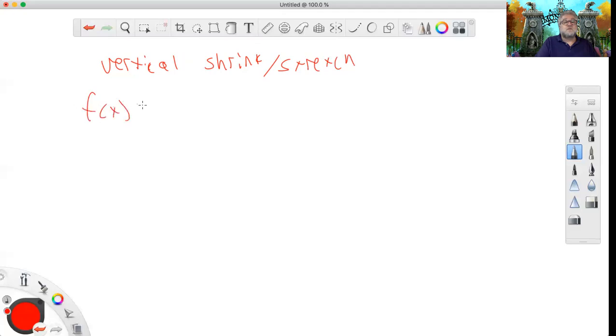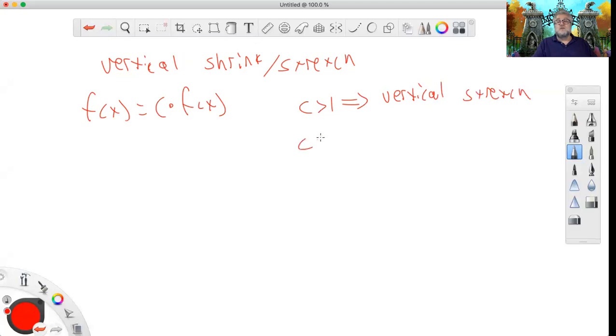If g of x equals c times f of x, if c is greater than 1, then that's going to mean a vertical stretch. And if c is less than 1, then it's going to be a vertical shrink.